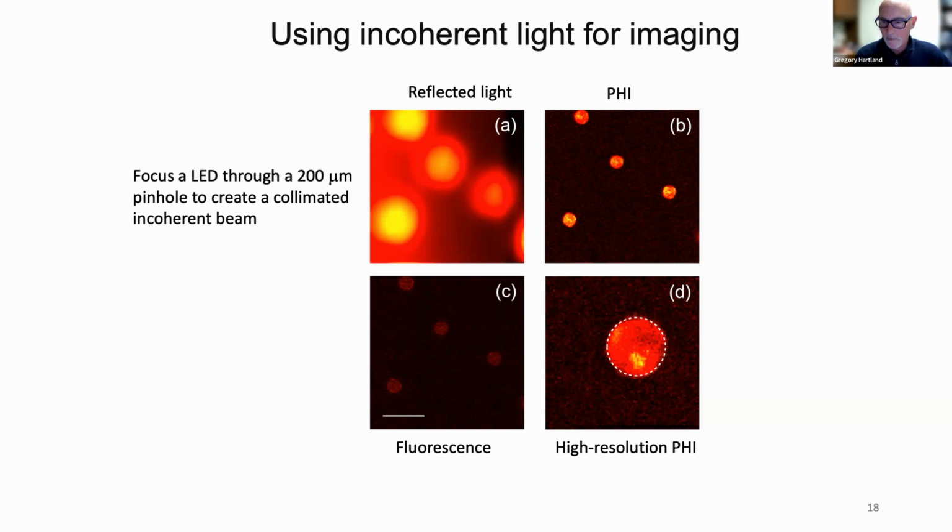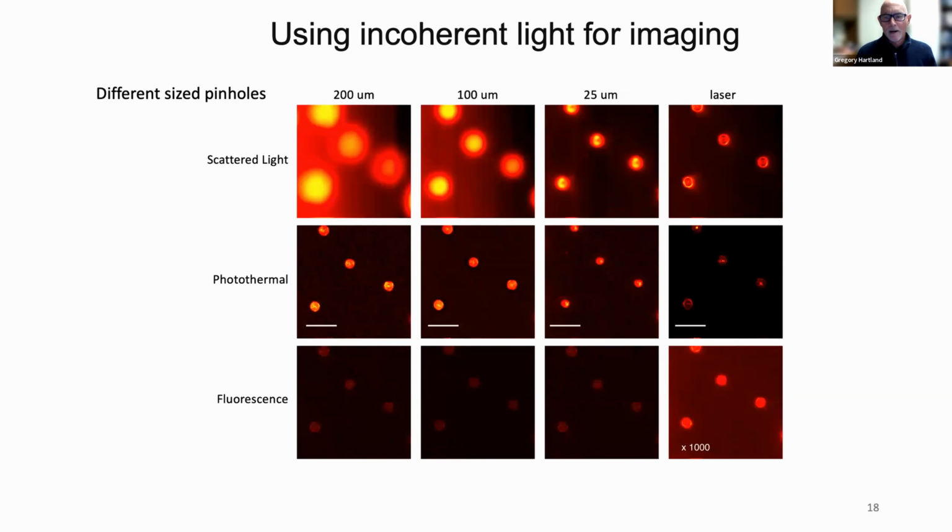And that leads to a rather nice set of images here, but it actually doesn't really help the photothermal signal much. So these are scattered light, photothermal, and also fluorescence experiments done by focusing our LED through a 200 micron, 100 micron, and a 20 micron pinhole.